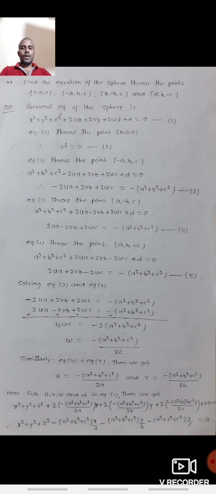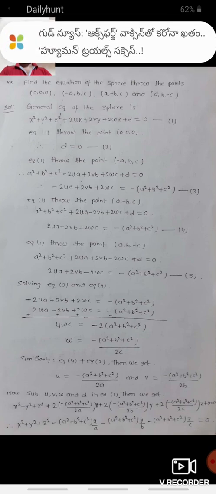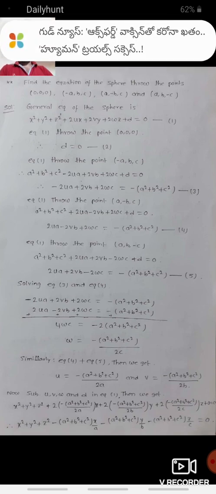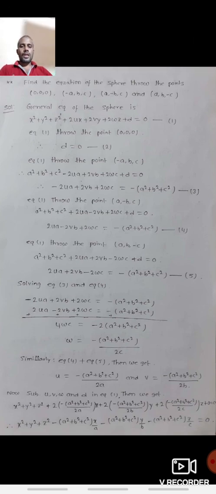Similarly, equation 1 is also passing through the second point, which is (-a, b, c). In place of x, y, z, substitute (-a, b, c) in equation 1. We get a² + b² + c² - 2ua + 2vb + 2wc + d = 0.